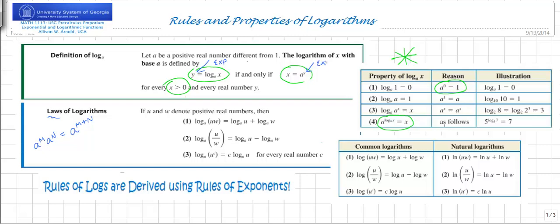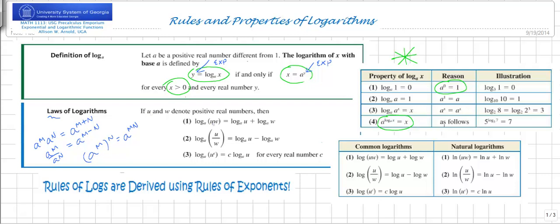In a moment I'll show you some proofs, but let's suffice it to say that these three rules of exponents are super important in the derivation and therefore your understanding of the laws of logarithms.